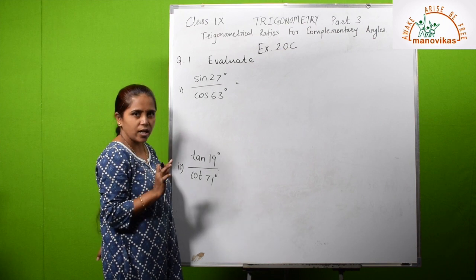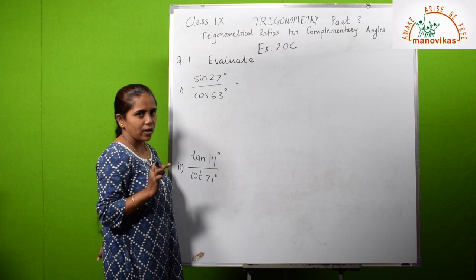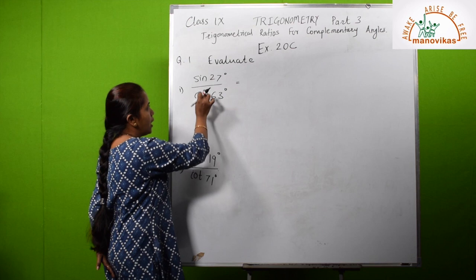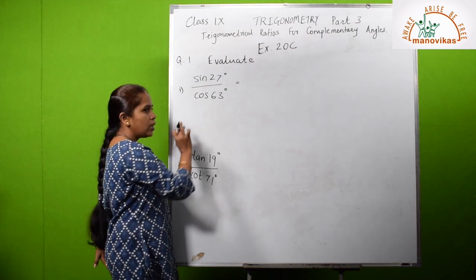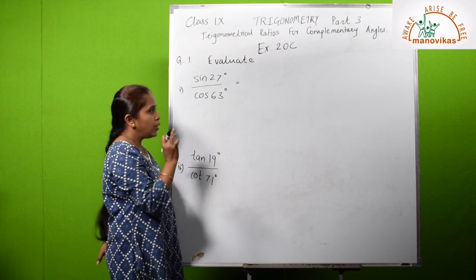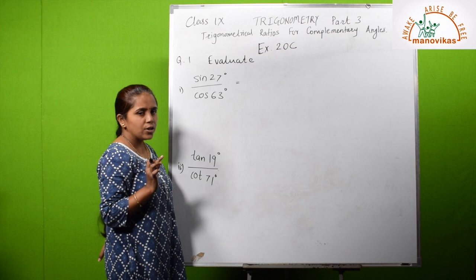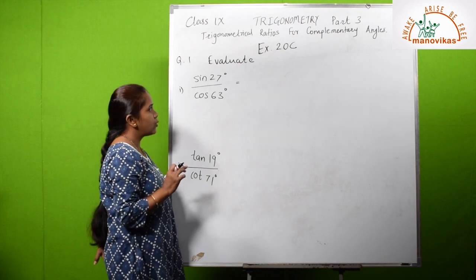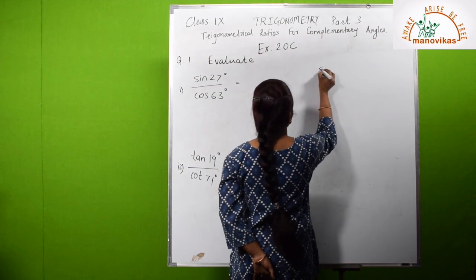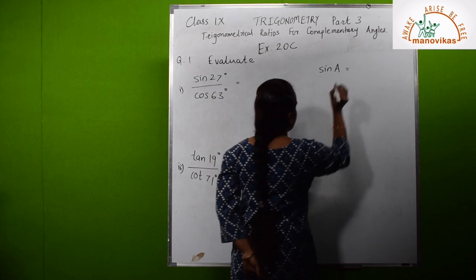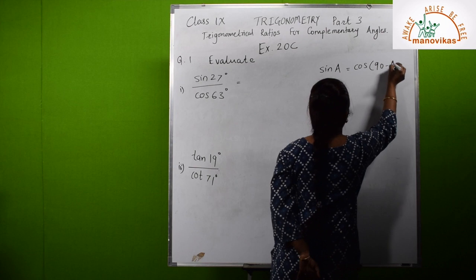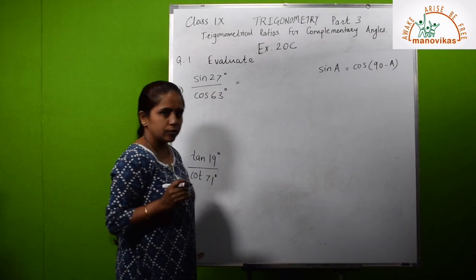Okay, first point is clear. We have to see whether the two angles are complementary or not. Now to evaluate this, change either numerator or denominator, not both together. Only one ratio we have to change. Now sin 27, that is sin A. Sin A we can write as cos 90 minus A. Understood?